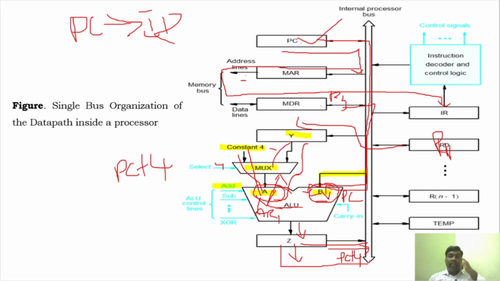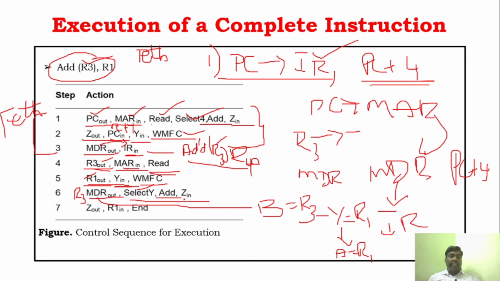Through Z out, it is sent to the internal bus, and from the internal bus the result has to be stored in R1. You can see here Z in, and from Z out it is sent to R in. That is, we add both and place the result in R1. So from Z out it is sent to the internal bus, and then from the internal bus it reaches R1.